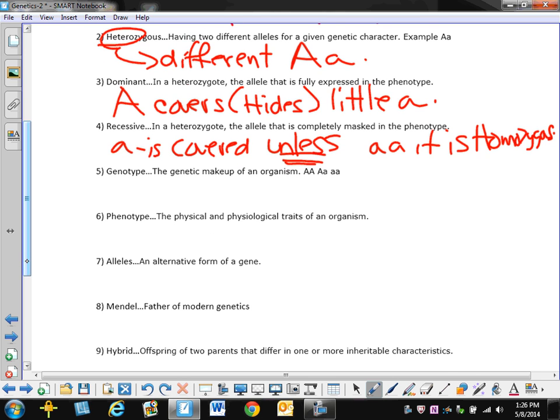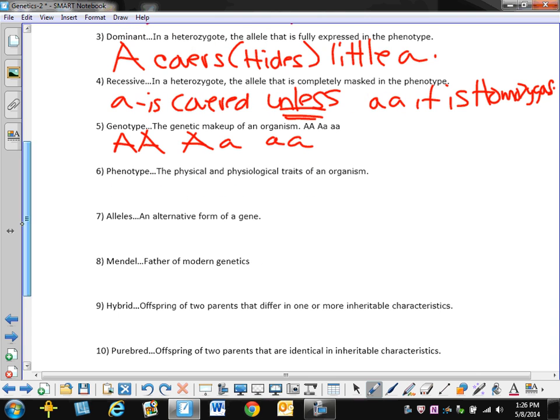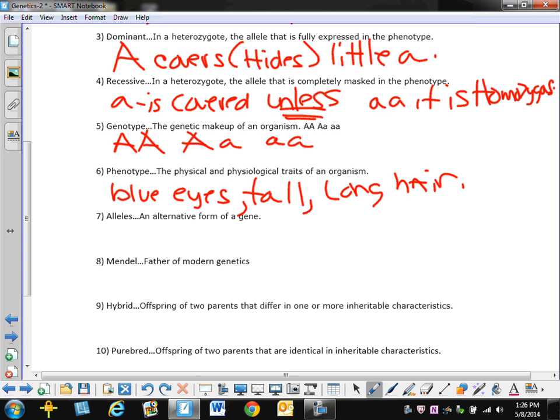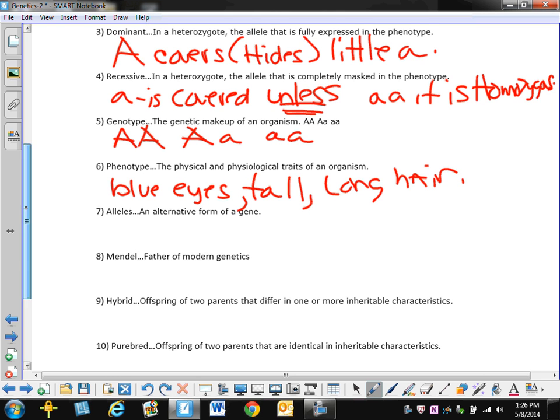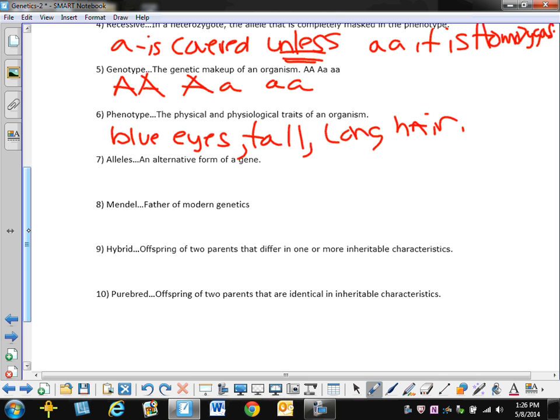Genotype, that's big A, big A; big A, little a; little a, little a. Phenotype, how it looks. Blue eyes, tall, long hair are all examples. Okay? Alleles, an alternative form of a gene. These are the letters.